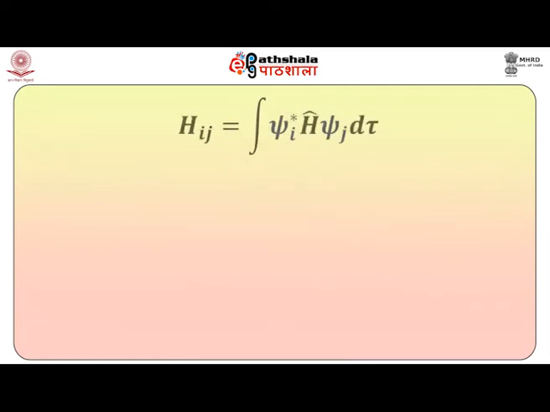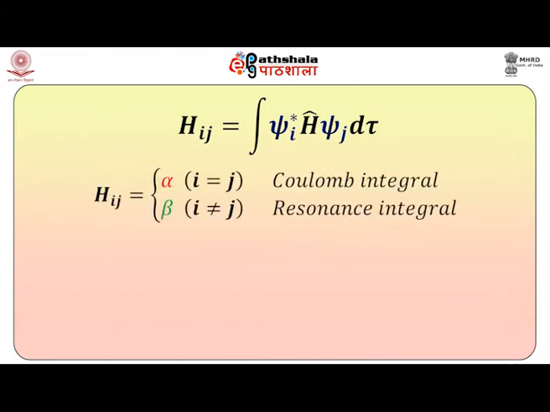So H_ij, which is the integral ψ_i star h cap ψ_j dτ, if i is equal to j, then H_ij is taken to be equal to alpha, which is called the Coulomb integral, and for i not equal to j, H_ij becomes beta, and that's known as the resonance integral.